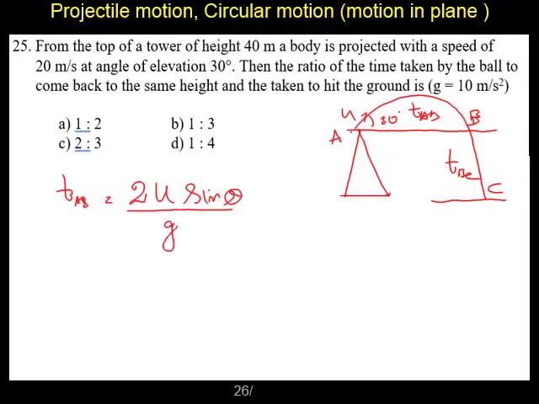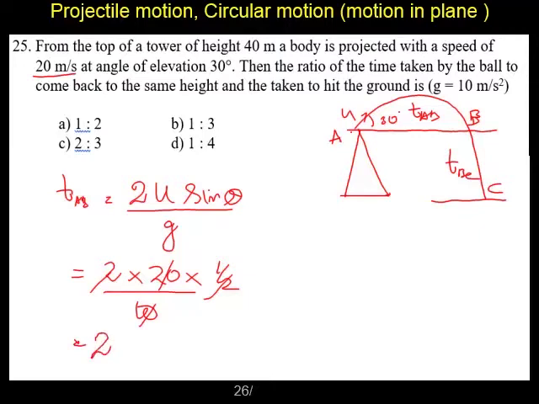In this case u is given as 20, so 2 into 20 into sin 30, sin 30 is a half, and g is taken as 10. So this cancels, and the answer is 2 seconds. This is the time taken for the ball to travel from A to B.